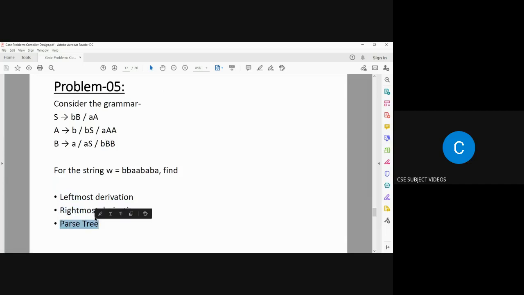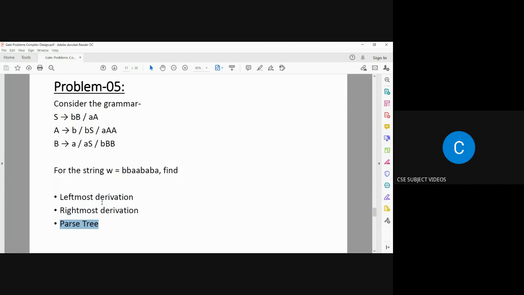Before going to this, what is leftmost derivation, rightmost derivation, and what is a parse tree? We need to know these one by one. What is a parse tree?